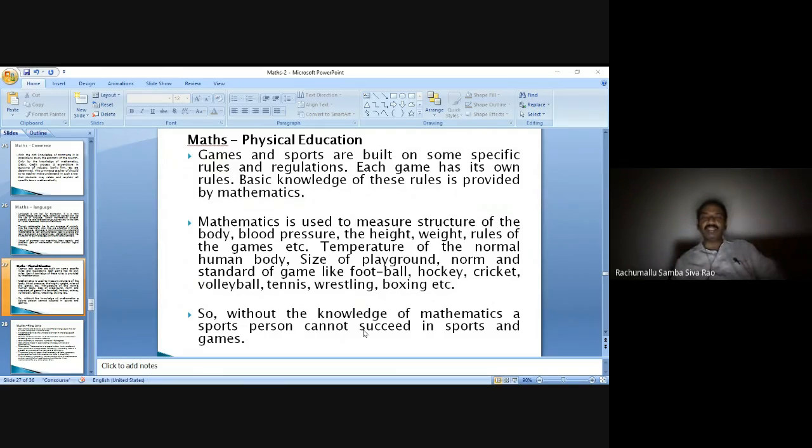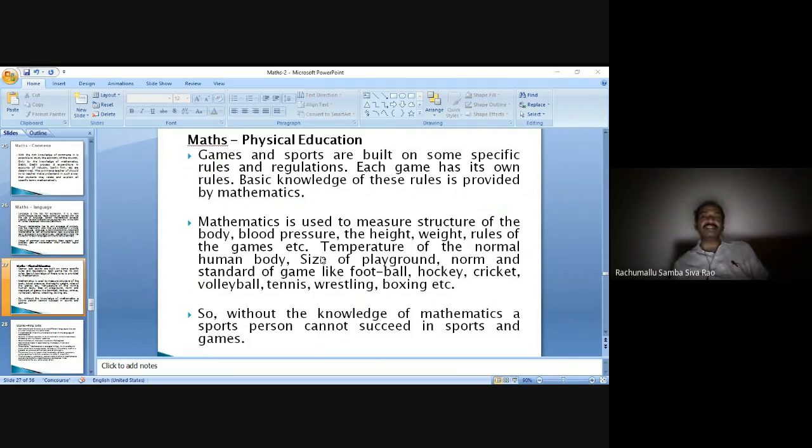Without the knowledge of mathematics, a sports person cannot succeed in sports and games. For example, 100 meters running, 400 meters running, kilometers, marathon, like that, those are all mathematical concepts only.